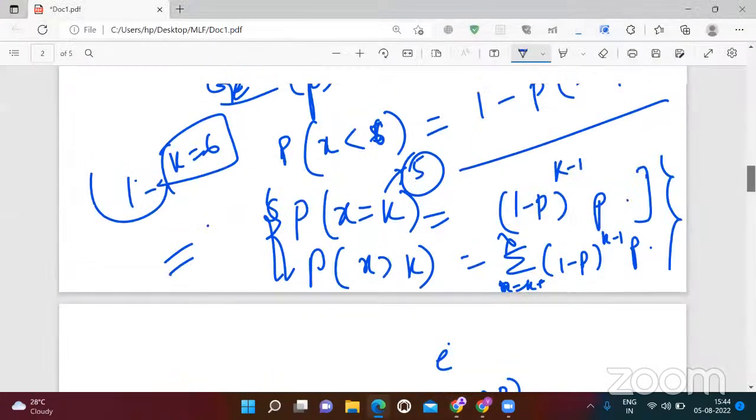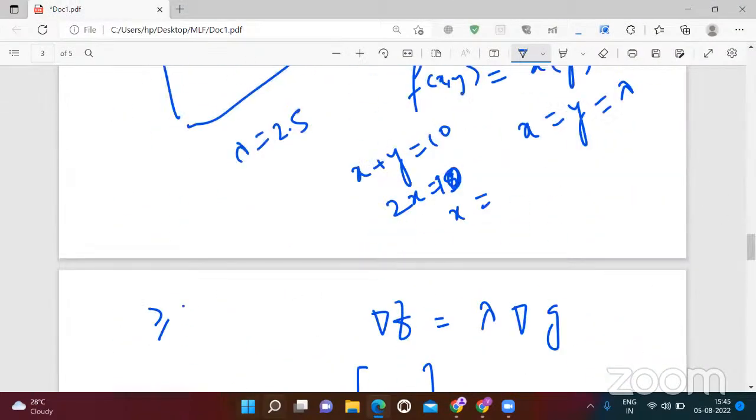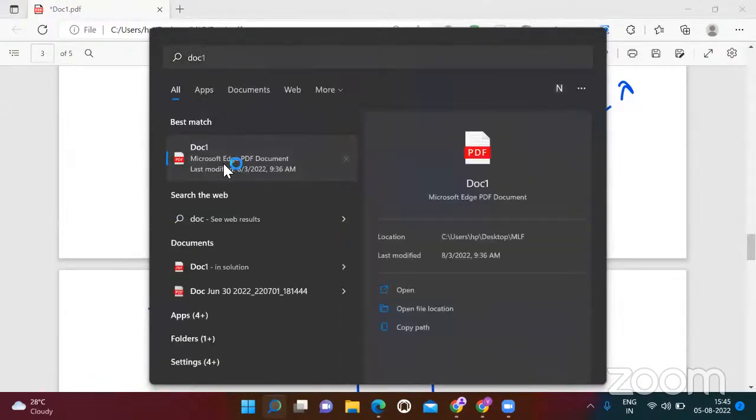So see, for the geometric, what generally we do is, if you have to calculate the probability such that x equals 6 is given, right?